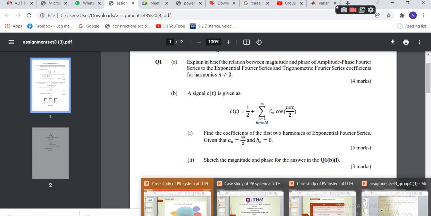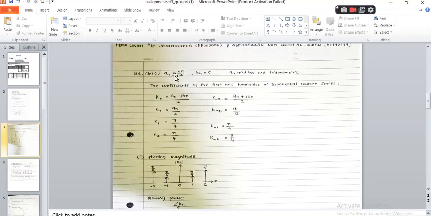So this is our answer: a_n equals nπ over T, though b_n equals 0, and a_n and b_n are the trigonometric coefficients. For the two harmonics of the exponential series, we can say c_n equals (a_n minus jb_n) over 2, and c_minus_n equals (a_n plus jb_n) over 2, which is a_n over 2.